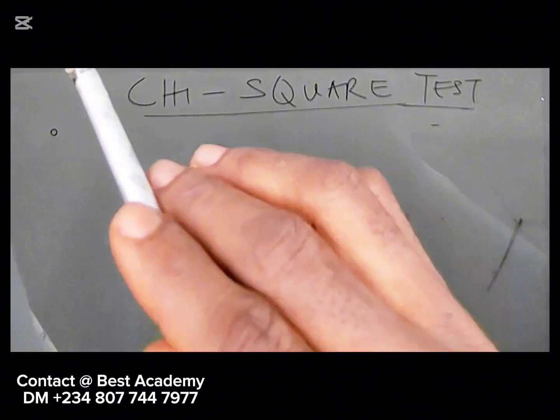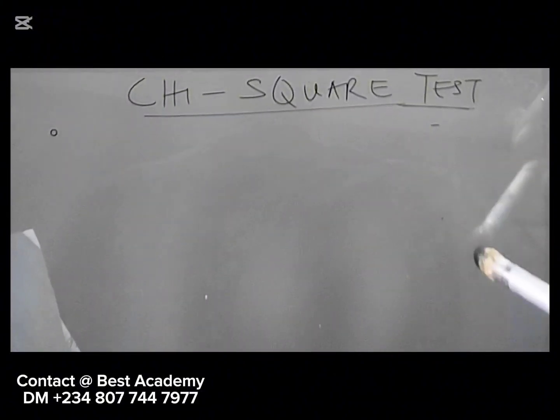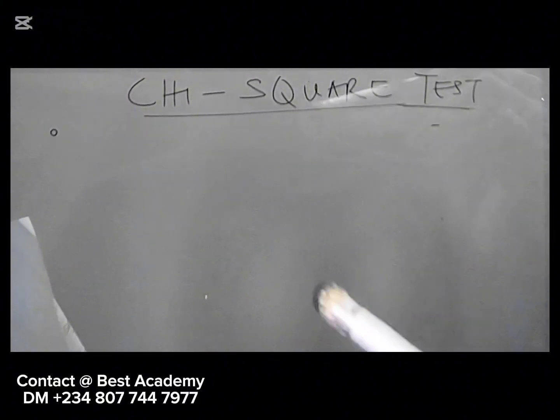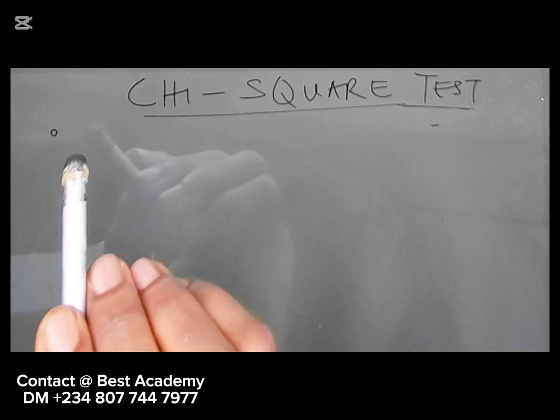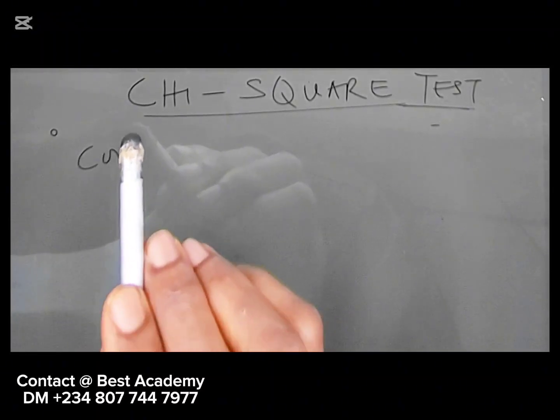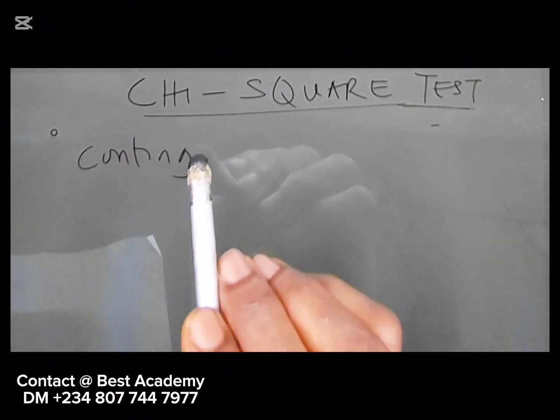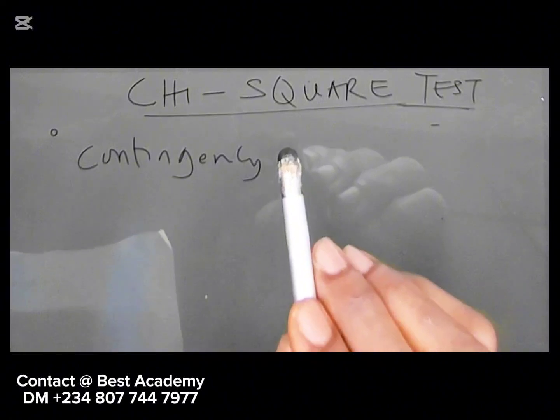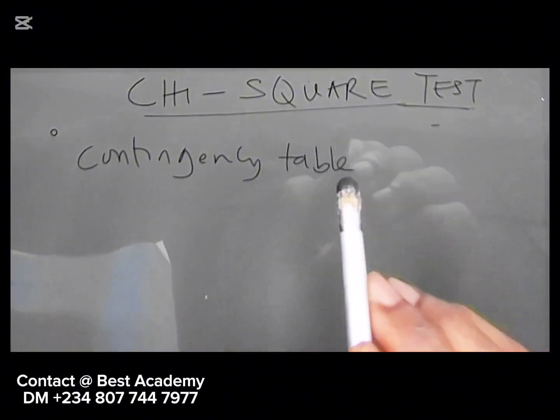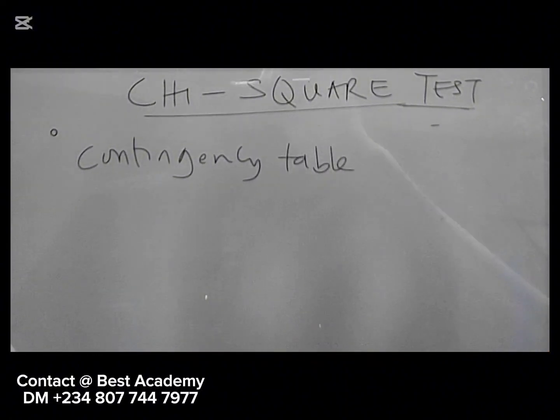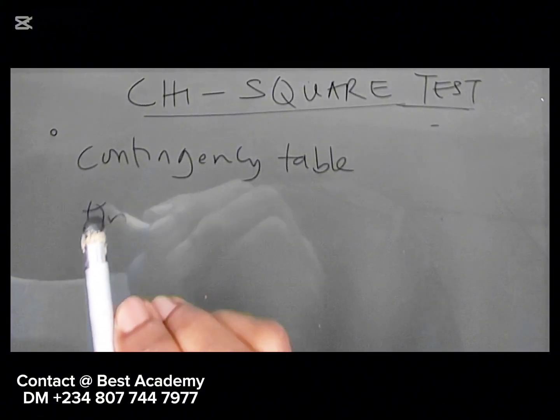Whenever you have a table in terms of chi-square, that table is said to be a contingency table. So a contingency table is the table for chi-square.